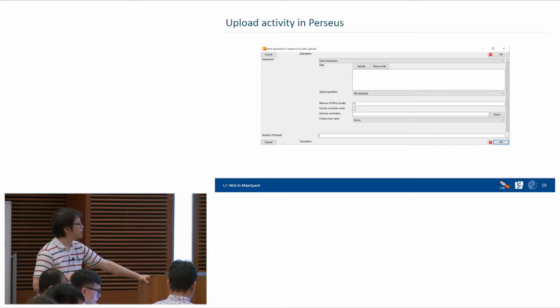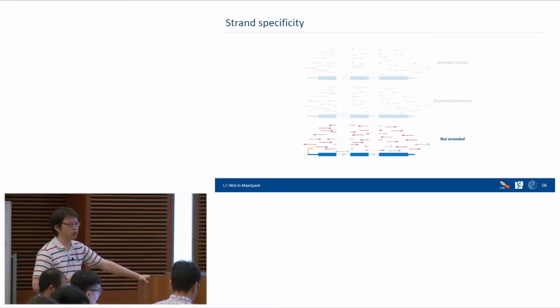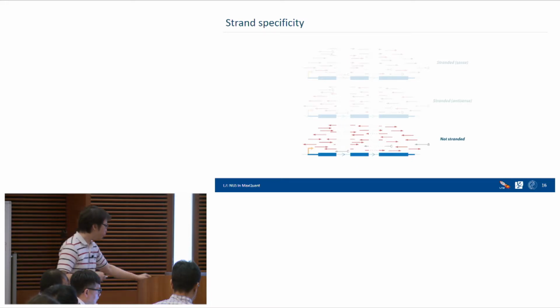And then you can decide the cutoff for the mapping quality. And then you also need to assign the genome annotation file, which you can download from any kind of database. And then you can choose which feature you want to do the quantification for. For example, you may want to quantify the protein coding regions, or the exons, or anything else. And then you can specify how many threads you want to use for the computation.